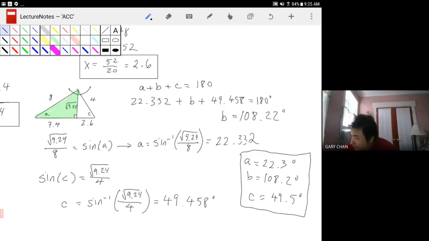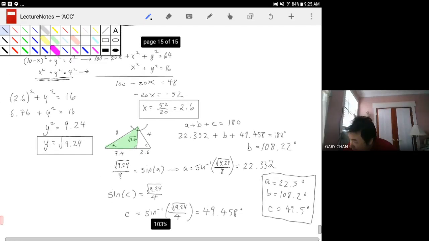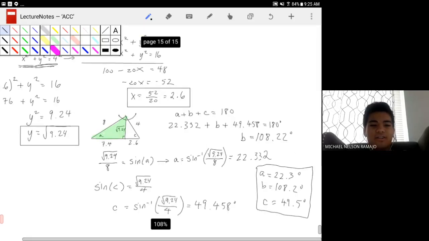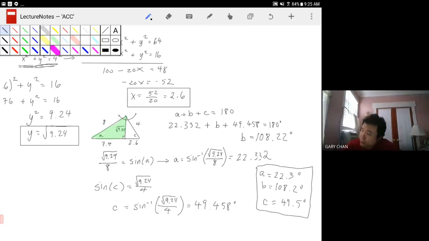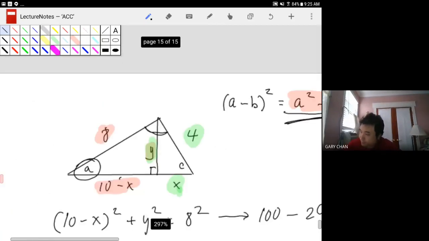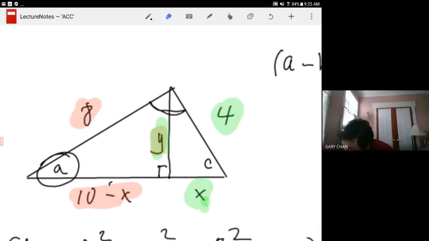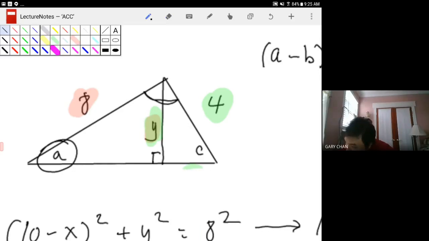Do you guys have any questions regarding this problem? This was definitely challenging. Go ahead. How can we say this isn't a right triangle? Because the green one has a right triangle symbol in it. So we started the problem off by saying that this entire length was 10, right?